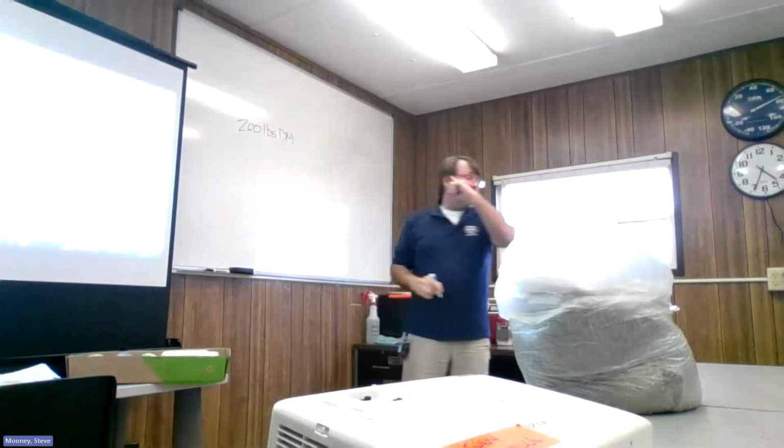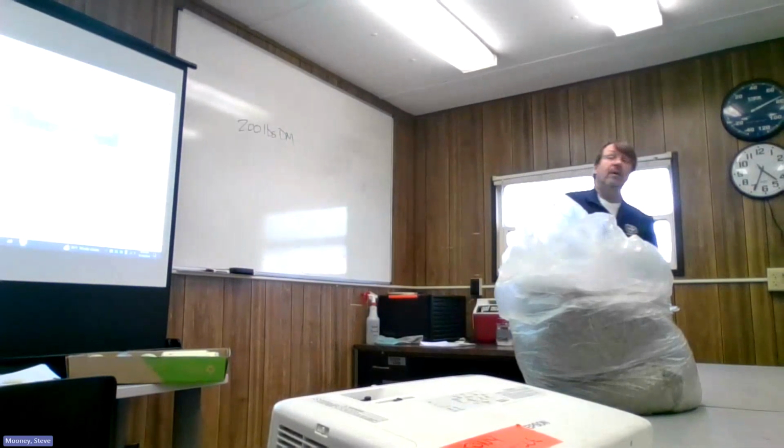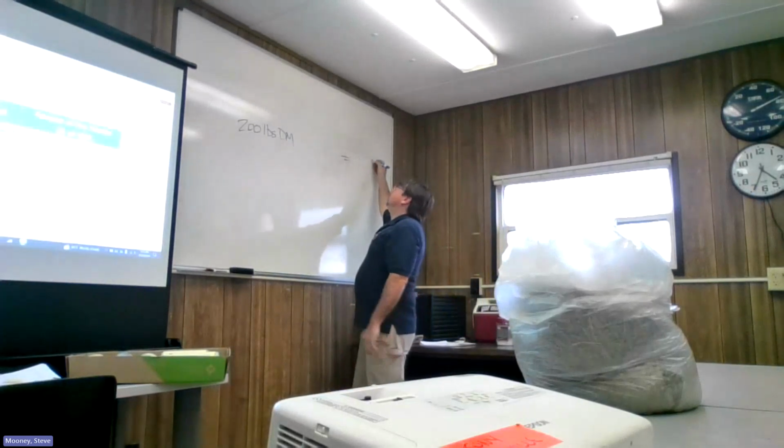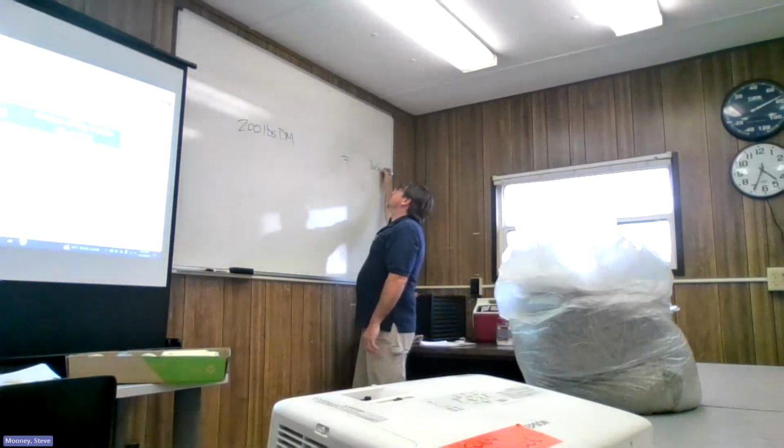Starting out with sugar and starch, that's 15% of the dry matter. How do I get pounds of sugar and starch?